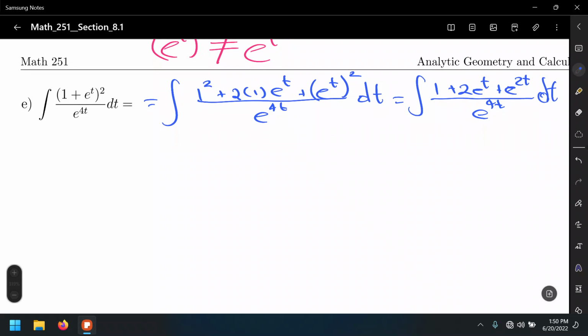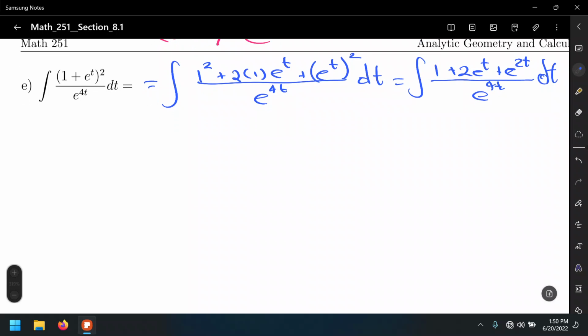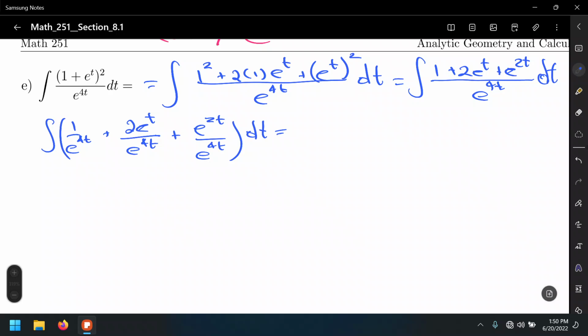So in this case, what would be next in order to keep going with this integral? Separate the numerator, right? So that's the integral of 1 over e to the 4t. Let's leave it like this for now. Plus 2 times e to the t over e to the 4t plus e to the 2t divided by e to the 4t with respect to t. All right?